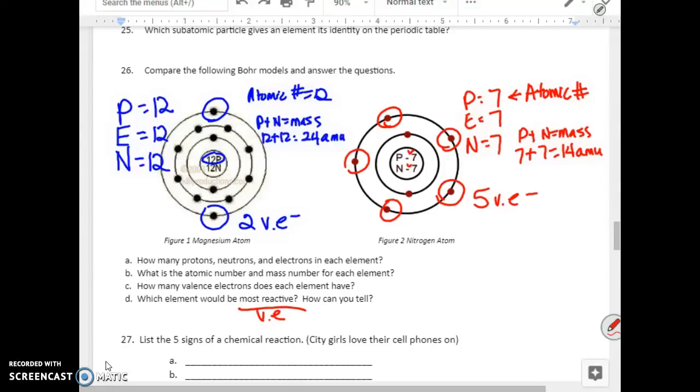So I've got one with 2 and one with 5. We can tell that this one over here, number 12, which is magnesium, is going to be more reactive than nitrogen over here, and that's because of the quickest they can get to 8 by either giving away their valence electrons.